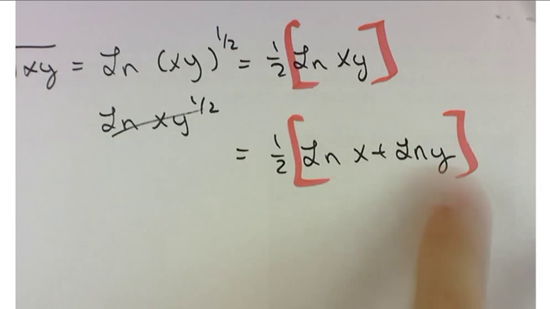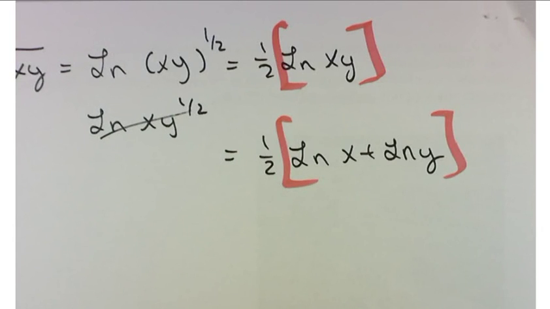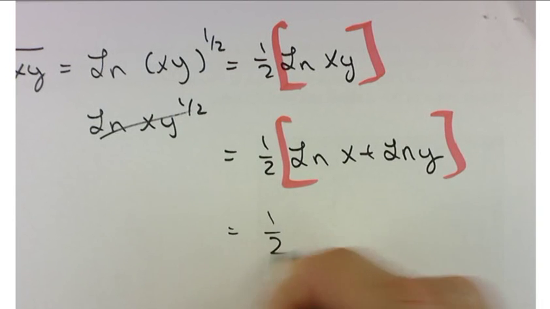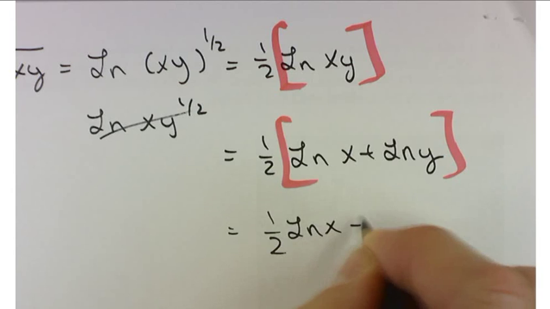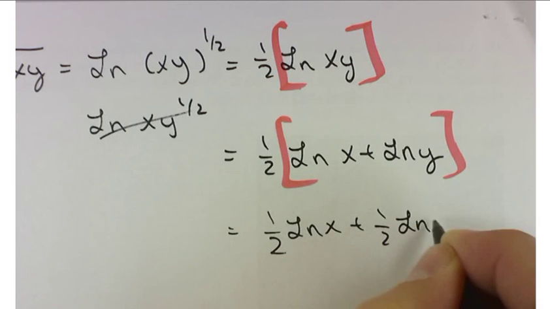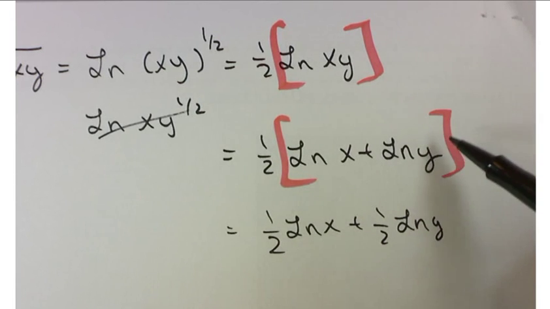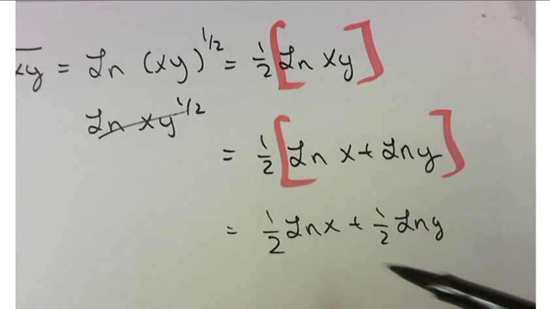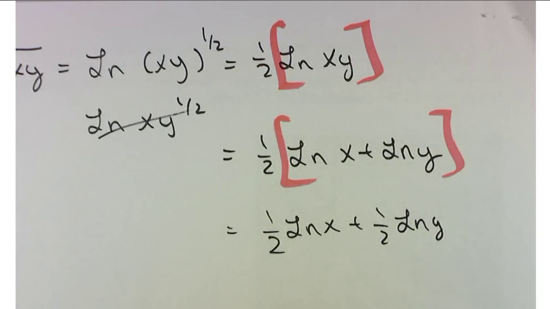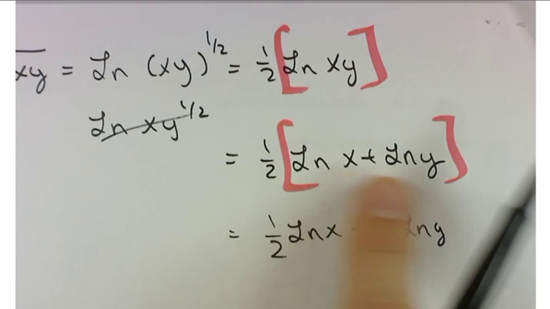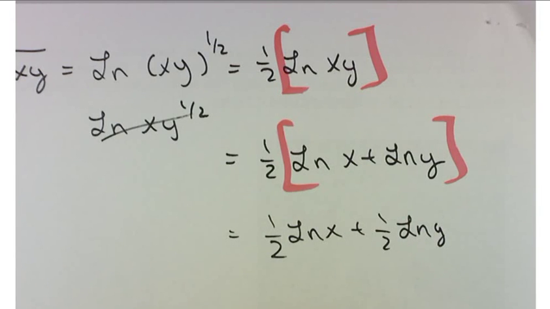That 1/2 has to multiply both terms. So I'll give you 2 options. You could either write it like this, or you could distribute the 1/2 to both terms. But either write it with brackets or parentheses or distribute it to both terms. If you just wrote it like I had originally, you're going to lose a point. It's very easy to do. I always try to be very careful when we go over this stuff to explain that.